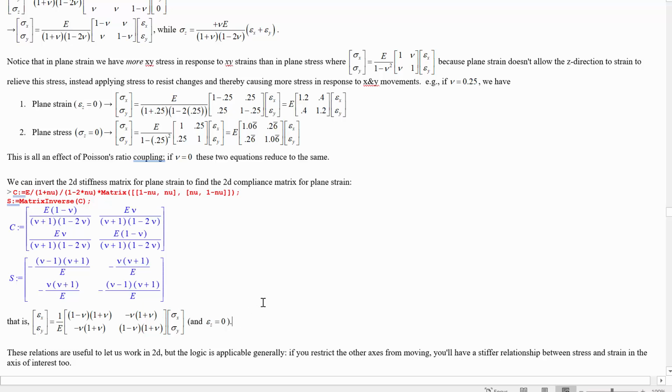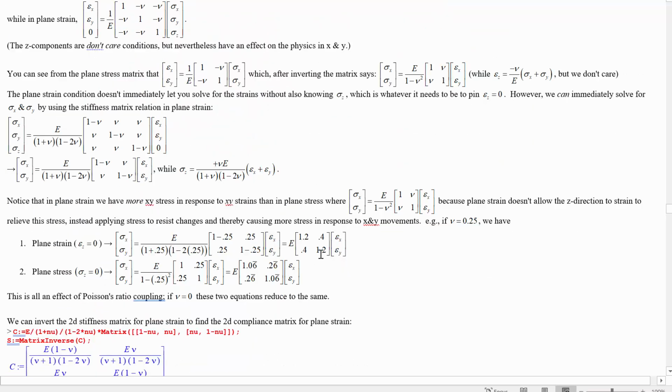Right. So if you compare the situation, we can get a feel for this by substituting in some Poisson's ratios. Imagine if nu is 0.25, then for plane strain we ended up with E times 1.2, 0.4, 0.4, and 1.2, relating the strain to the stress. So this is a stiffness matrix.